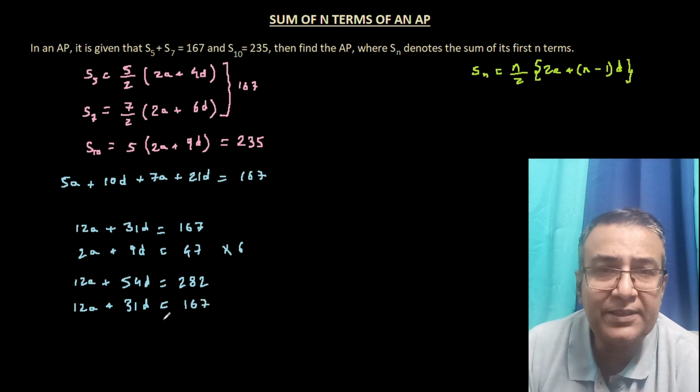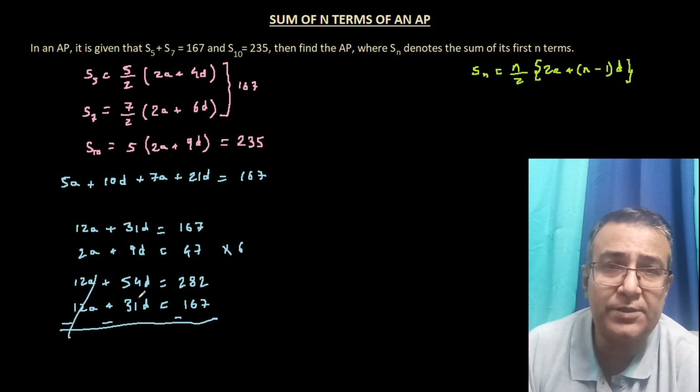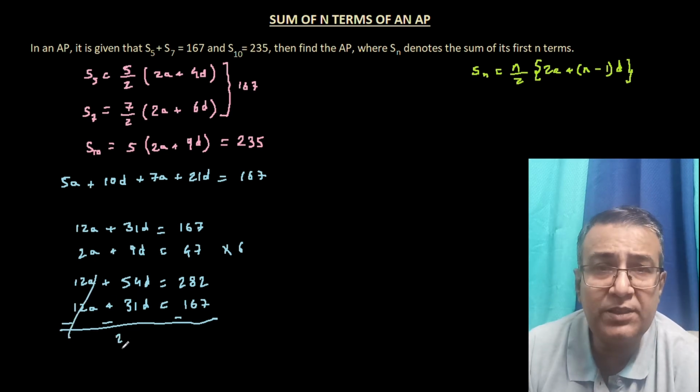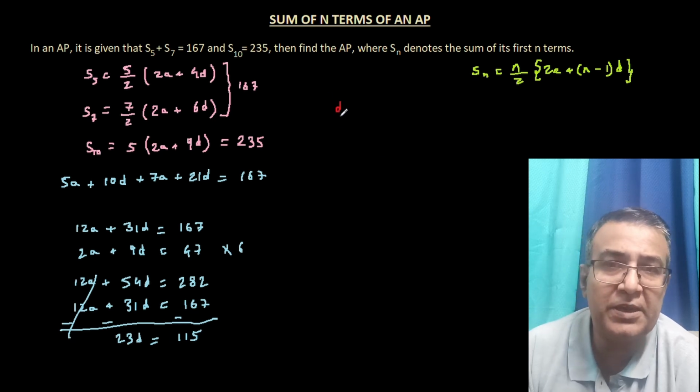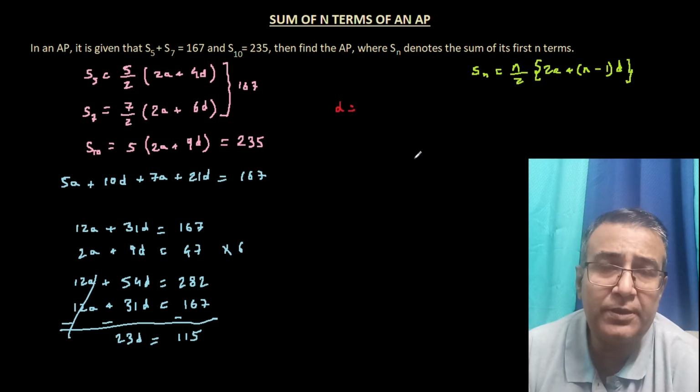Now we can subtract this equation from the top one, so 12a and 12a get eliminated. 54d minus 31d gives us 23d, and 282 minus 167 gives us 115. This 23 can then be taken to the other side, so we are left with d is equal to 115 over 23, which gives us 5.